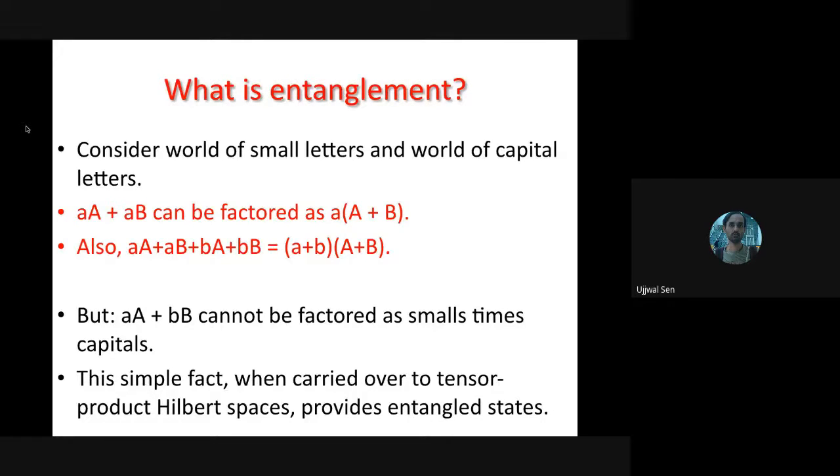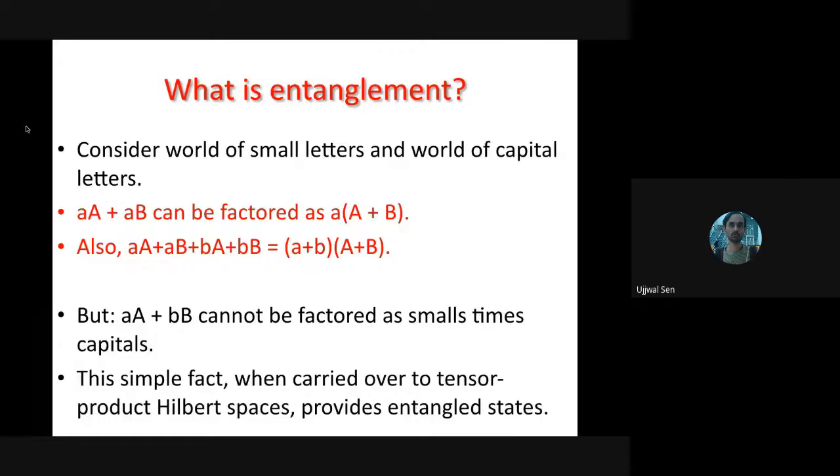But there are expressions like this one, a into capital A plus b into capital B, in the fourth line. If you see, this cannot be factored into an expression of small letters multiplied by an expression of capital letters.